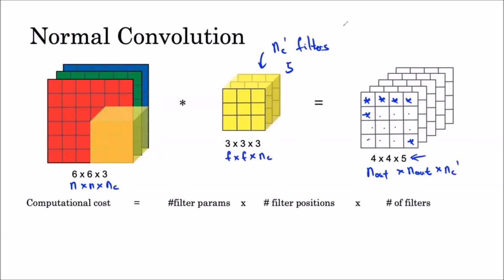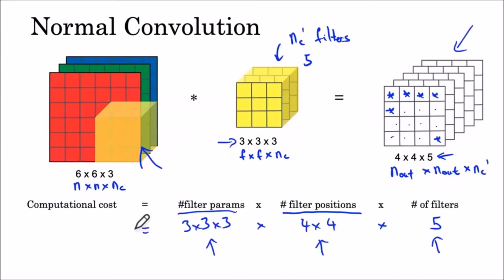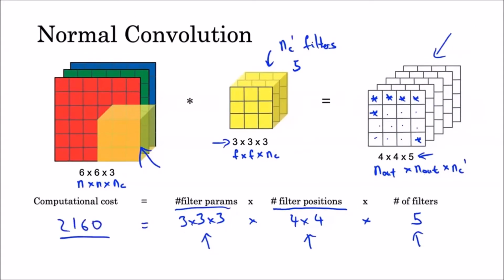Now we will discuss the computational cost of the normal convolution. First, the number of filter parameters. Because we have considered a 3 by 3 size and each filter has 3 channels, the filter parameters are 27. Then the filter positions: how many positions do we place the filter in?